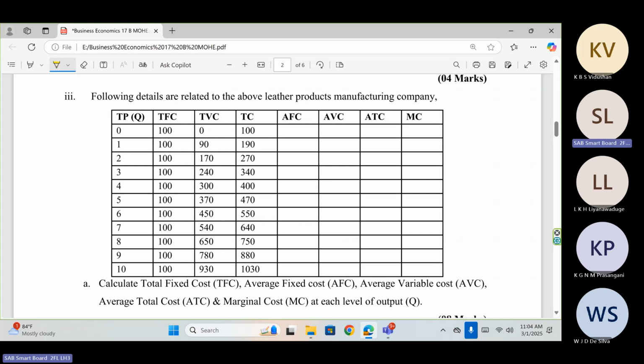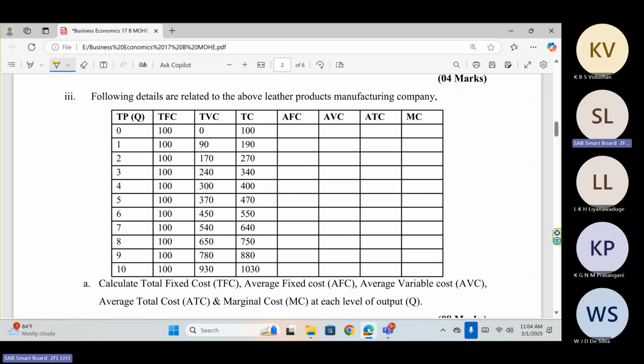TP is Q, the output. So TP divided by L, the changing variable input.